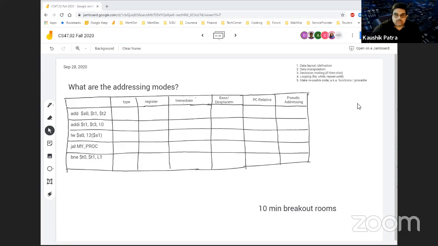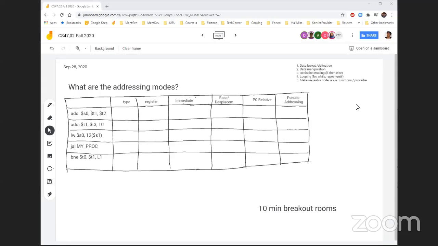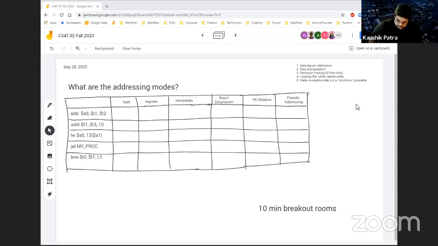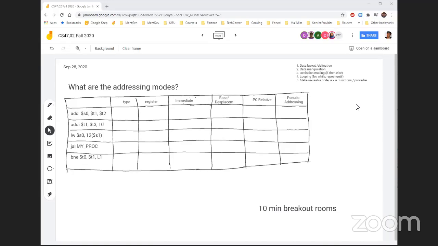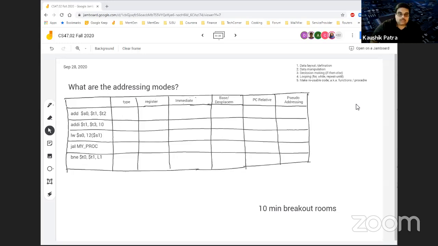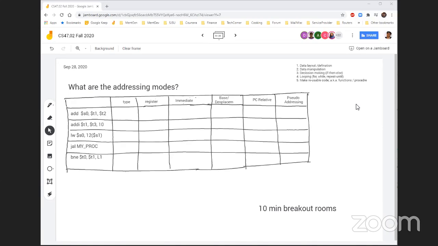Who wants to go? Which group? I don't mind going with my group. Okay, Russell. Yeah, sure. Sorry, Joshua. That's okay. Russell's face came up on the Zoom.